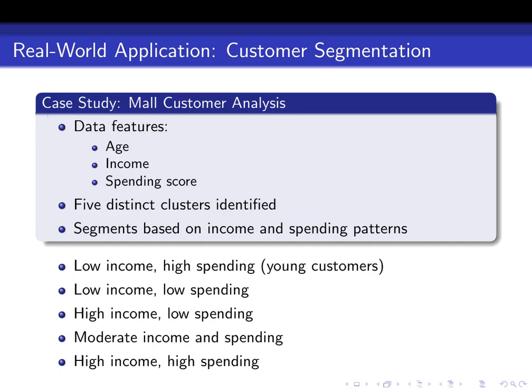These included young customers with low income but high spending, customers with low income and low spending, those with high income but low spending, customers with moderate income and spending, and finally, those with both high income and high spending. This kind of segmentation is invaluable for targeted marketing strategies.